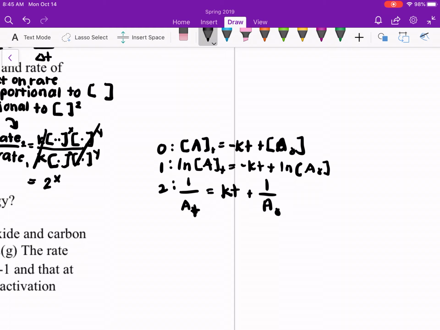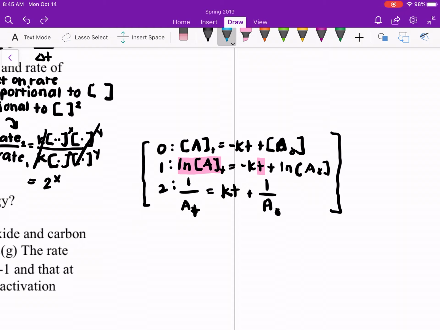So important things to take away from the integrated rate laws: one, I'm going to use them when the problem asks how the concentration changes over time, or how long it takes to go from this concentration to this concentration. It may even ask you about plots, where it says a plot of ln of [A]t over time is linear with a slope of, I don't know, -2, right?